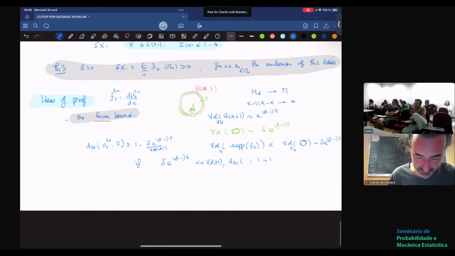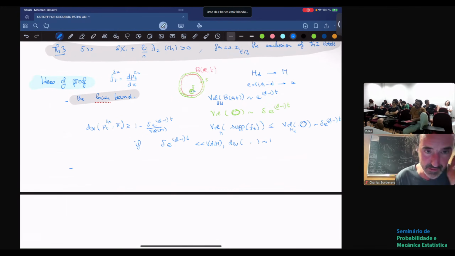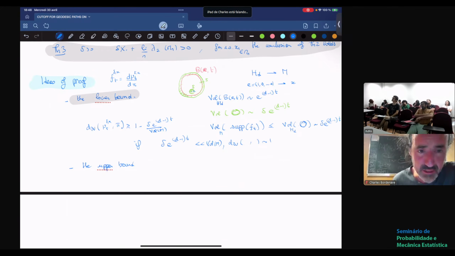The upper bound is based on the following miracle, and this will answer the first question of Uber: why did we choose a uniform distribution on the unit tangent space?